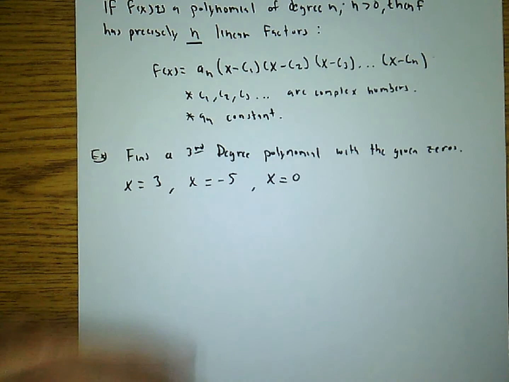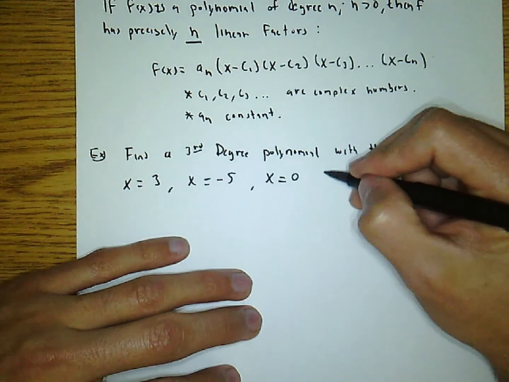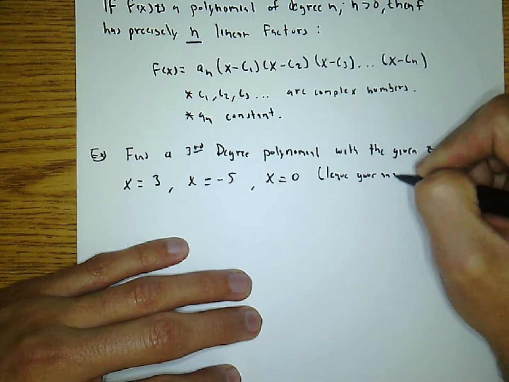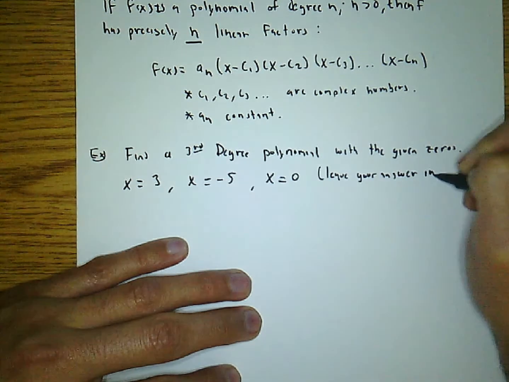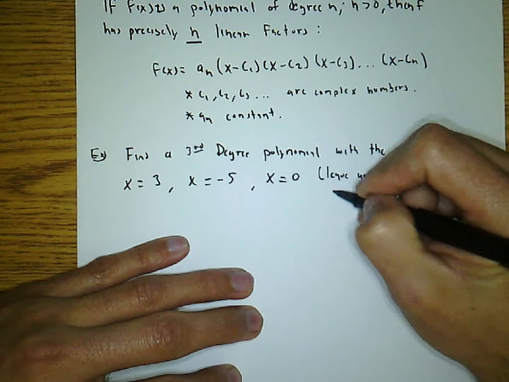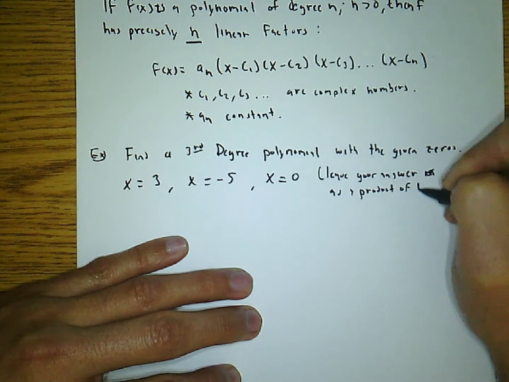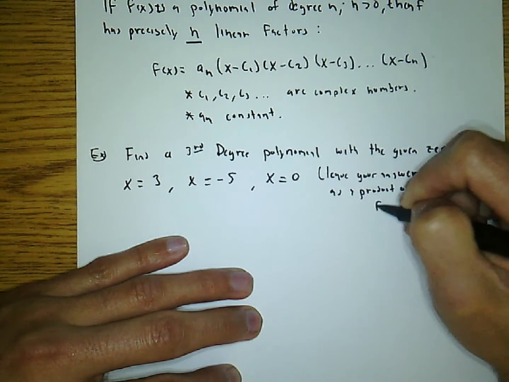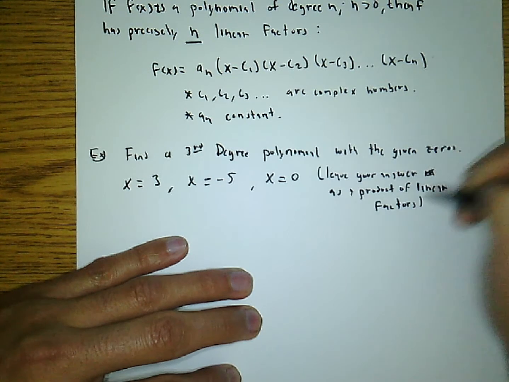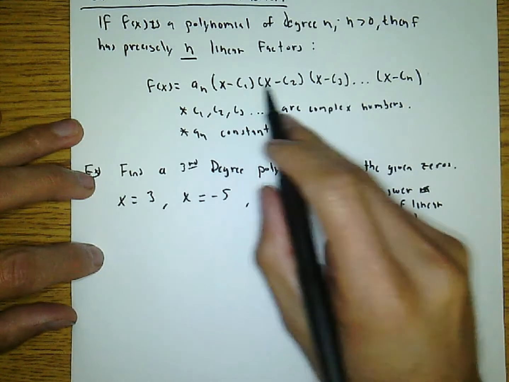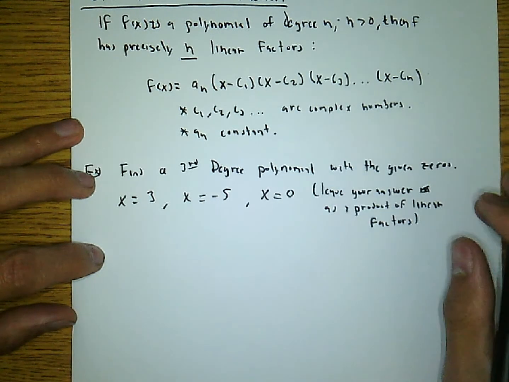Okay, and let's go ahead and say that we're going to leave your answer as a product of linear factors. So what that means, guys, is that we're going to leave our answer as just a bunch of factors that are multiplied. We're not going to actually multiply them out together.